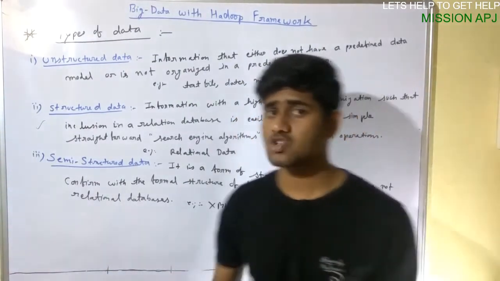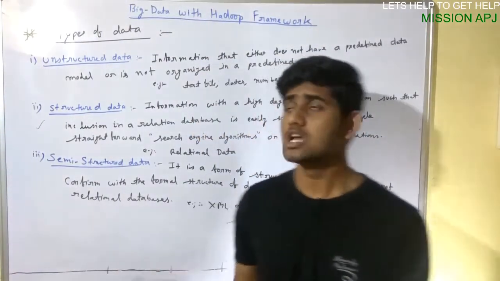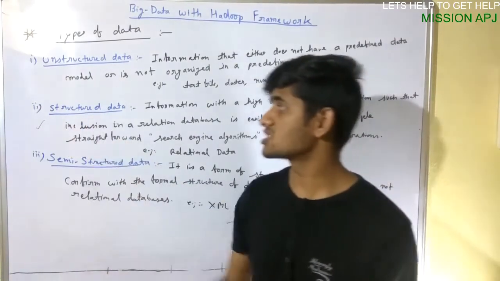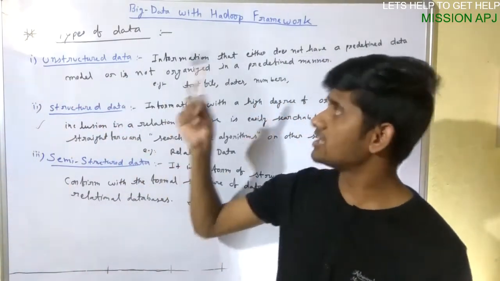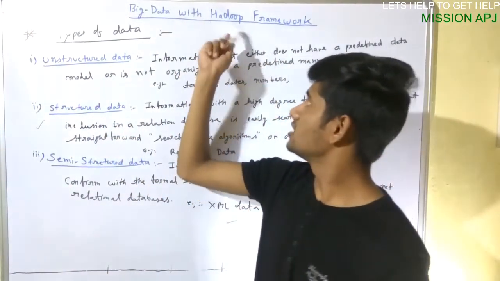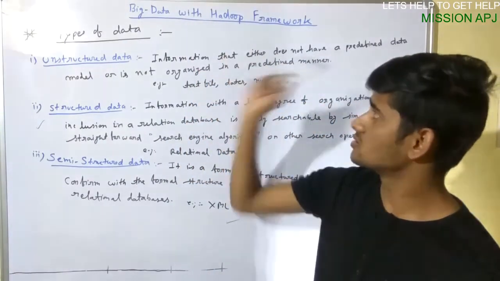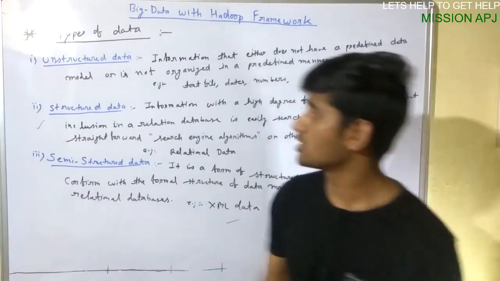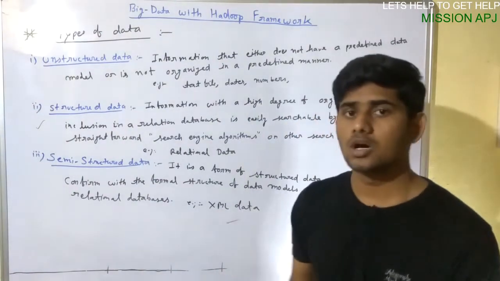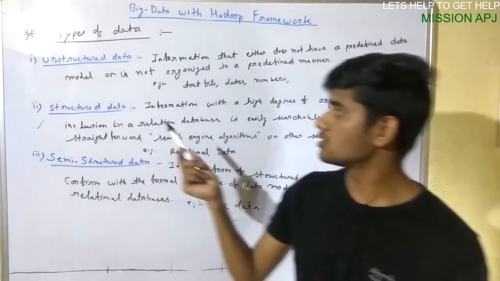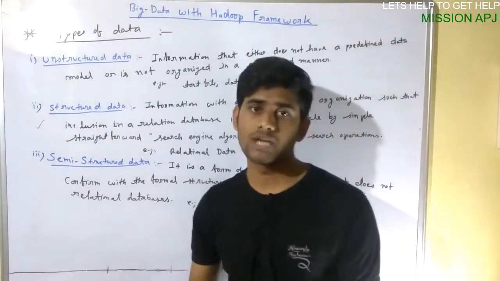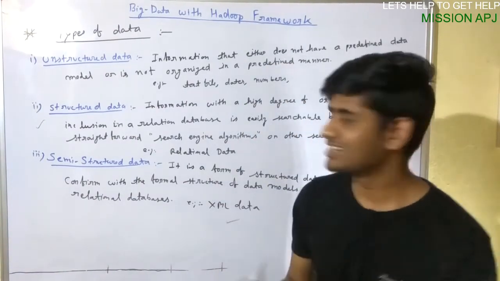So the traditional database is not going to help us; it is going to help us only with structured data. So we found another technique, which is Big Data with the Hadoop framework, which will provide us a solution for all types of data, like processing, searching, anything.